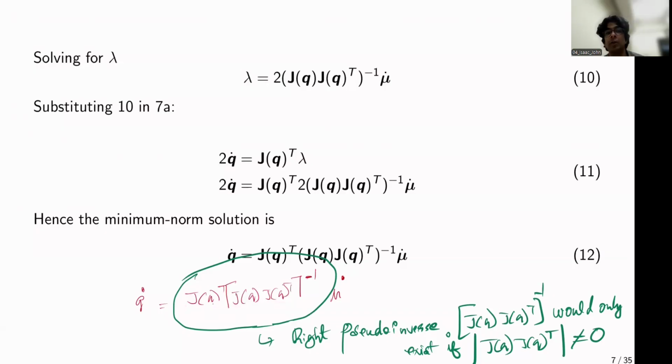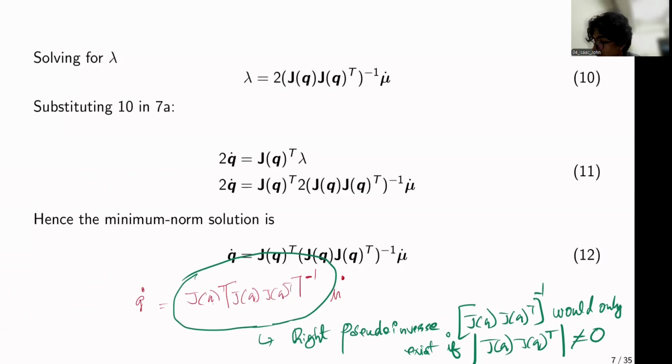So in summary, when we have an overdetermined system, when the number of equations is more than the number of unknowns, we go with the left pseudo inverse. But in the case where the number of equations is less than the number of unknowns, we go with the right pseudo inverse.